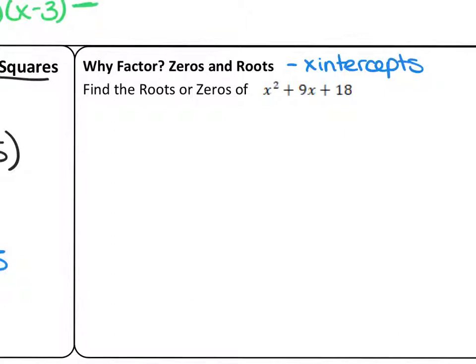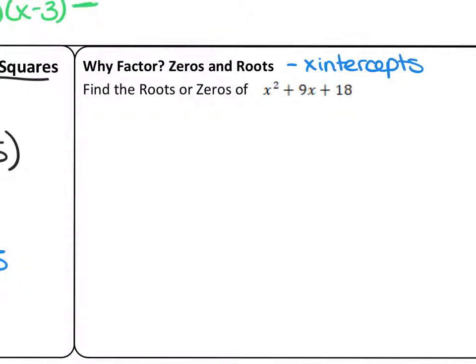So it's known by all different names, but just be aware they mean the same thing. If I say x-intercepts, zeros, or roots, it all just means the same thing. You're looking for when y equals 0 in this case.